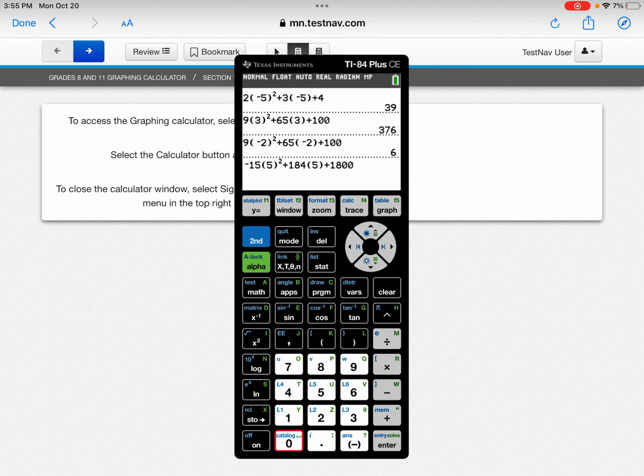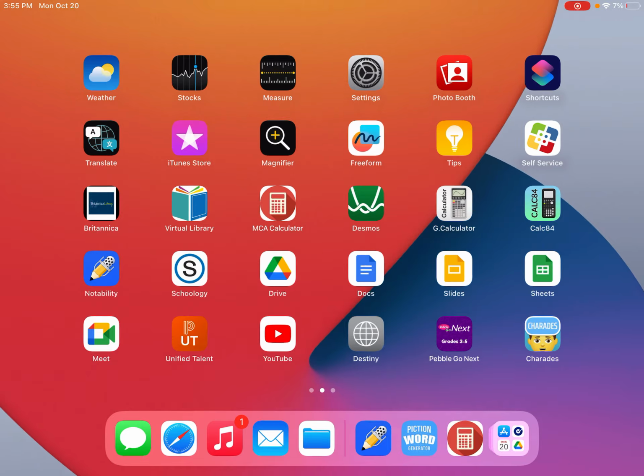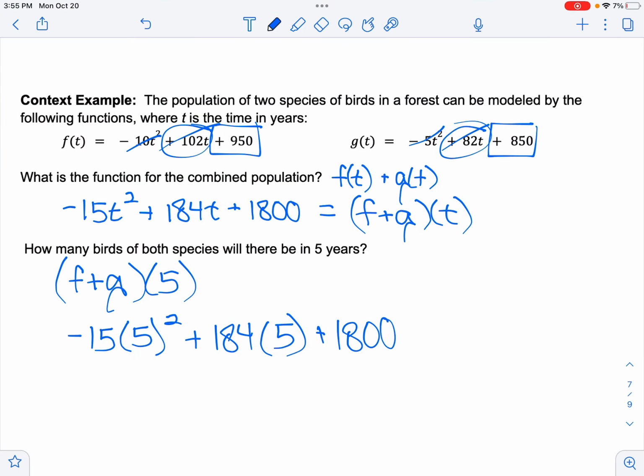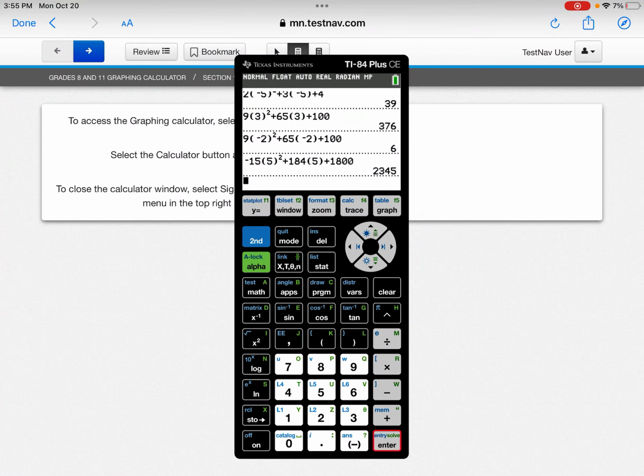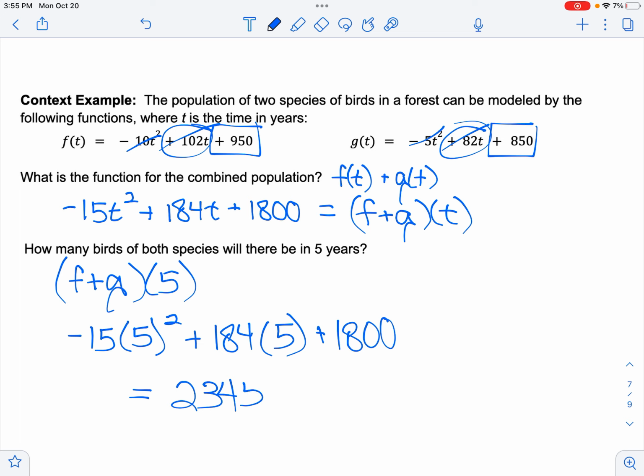Plus 1800. 2,345 if I type those all in correctly. Let's double check. Yep, looks like it. Okay, so 2,345 birds.